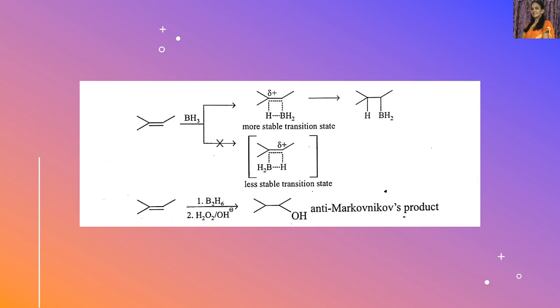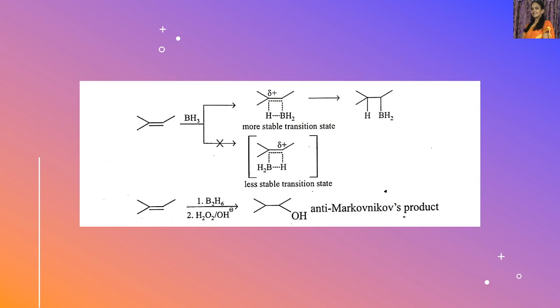And we know that the tertiary carbon is more stable when compared to secondary or primary carbons. So as the positive charge is present on the tertiary carbon, this transition state is more stable when compared to the one where the partial positive charge is present on the secondary carbon.